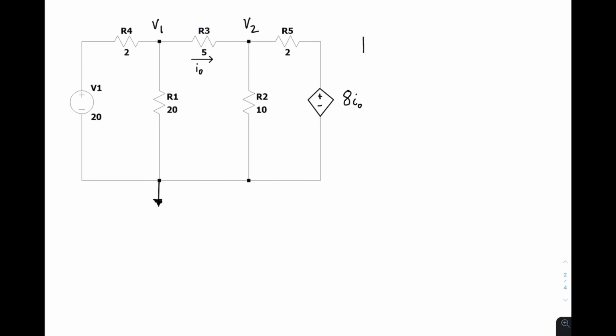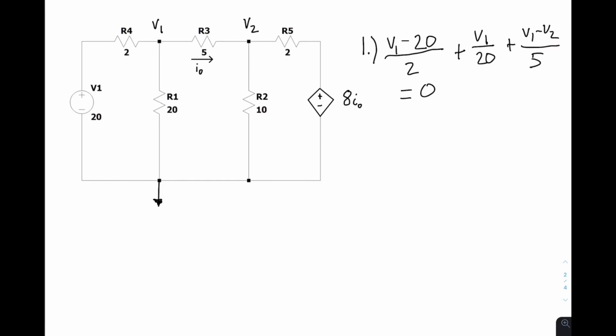So our first equation, away from V1, we're going to have V1 minus 20 over 2 plus V1 over 20 plus V1 minus V2 over 5. It's going to be equal to 0.